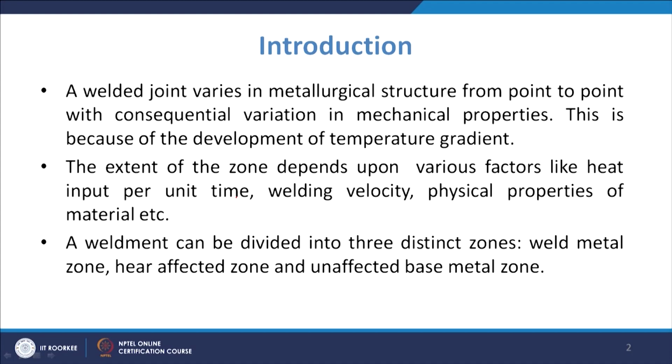So, basically when we talk about the weldment, a weldment has three different zones. As we see, a weldment can be divided into three distinct zones. First is the weld metal zone, that zone which will be forming the weld bead. Then the next zone will be the heat affected zone.